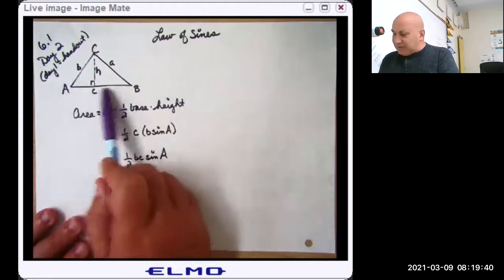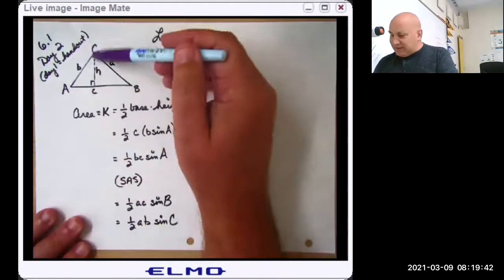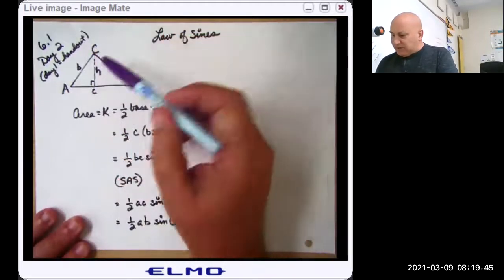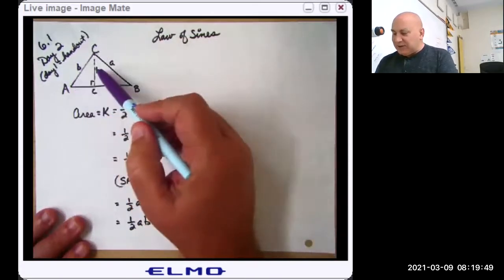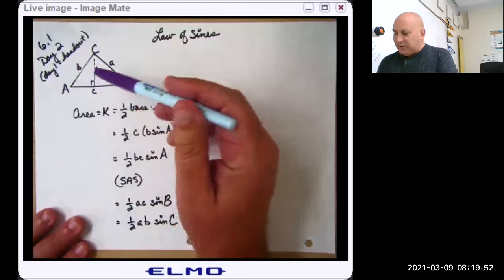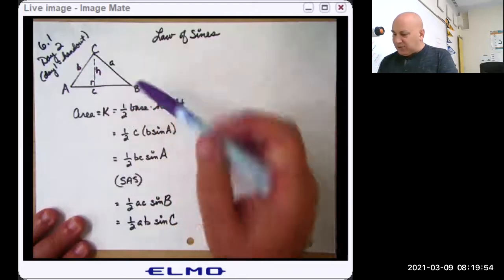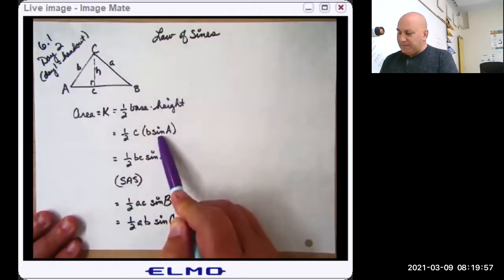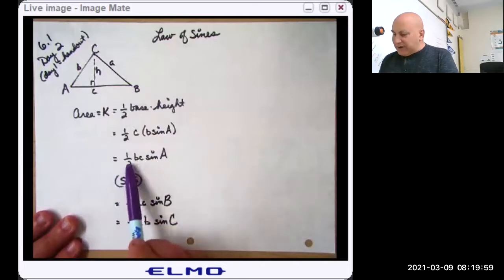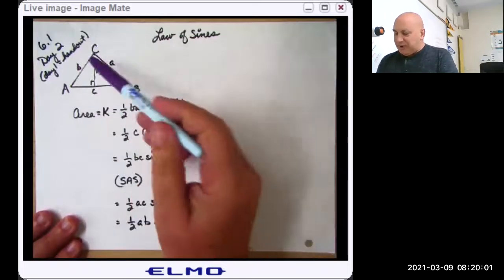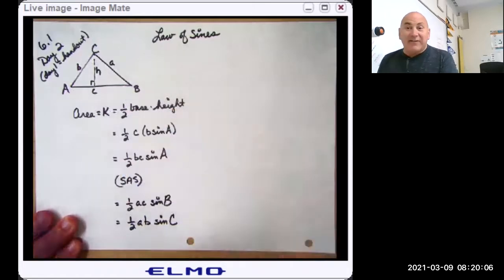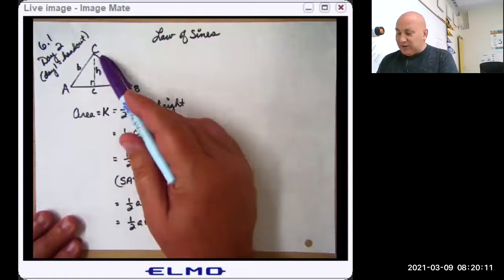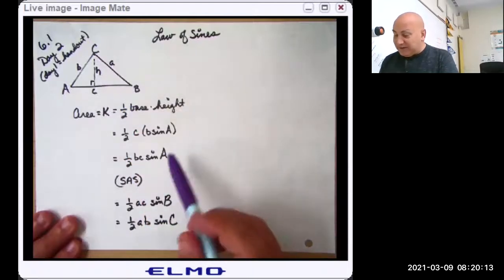Well, the base is C, and the height, H, is B times the sine of A. Take the sine of A, you get H over B, solve for H, and you get B sine A. So area is 1/2 BC sine A. So you can see side angle side, we can find the area. We can't find these other angles or the other sides, but we can find the area.